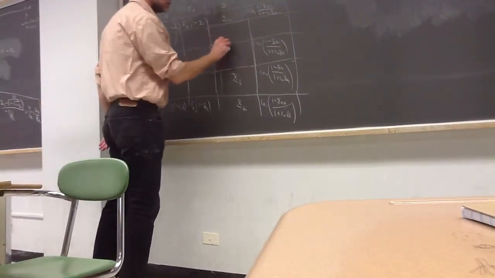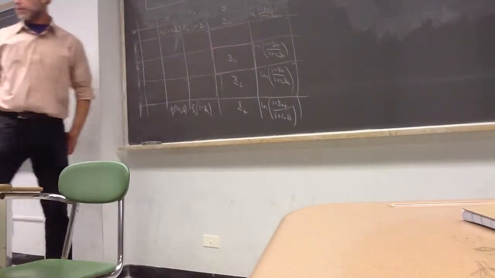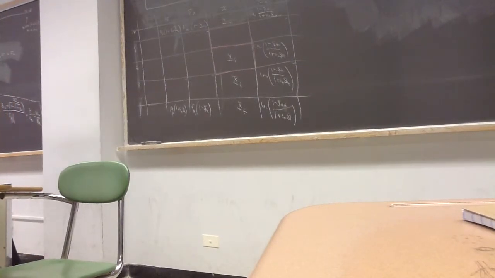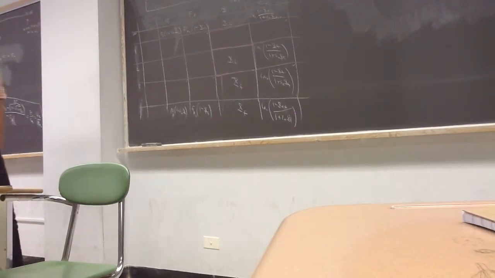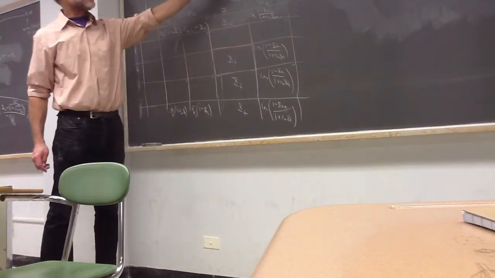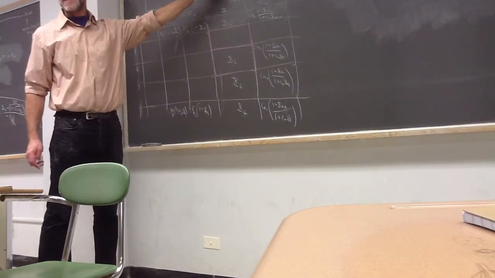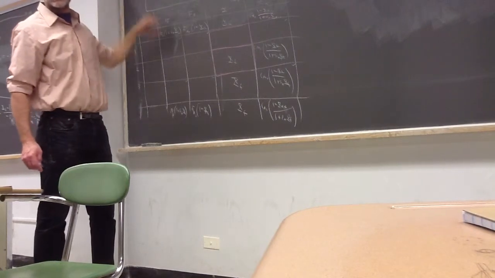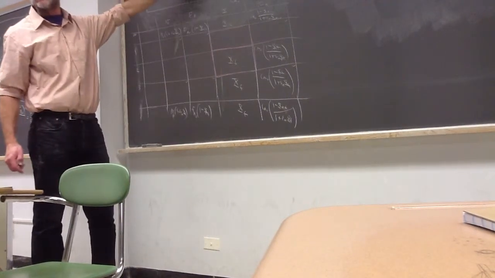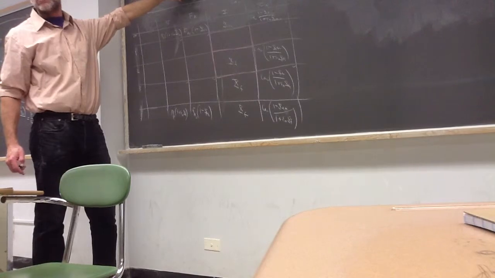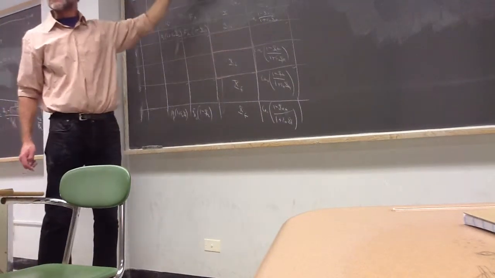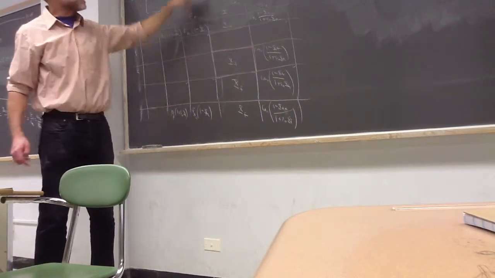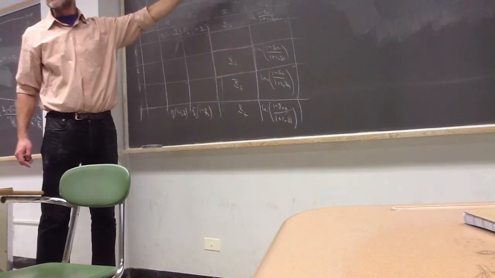Yes? Why doesn't the F stream get affected by the R? Because it's the F stream that comes out of this dashed box and the in stream that goes into the dashed box. This is a black box. If you don't know what's in here, something's going in, something's coming out. The recycle ratio is inside the box, not outside.